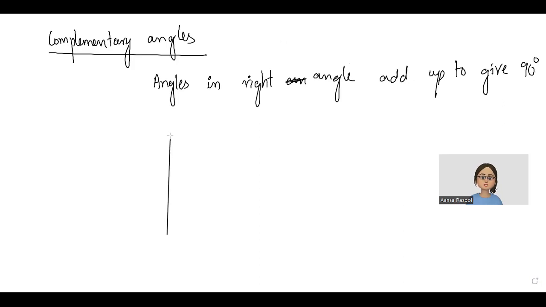So when any two lines are perpendicular to each other, we know that they are at 90 degrees. But sometimes they can give you a question like: if one of the angles is 45 degrees, then what's the angle X?